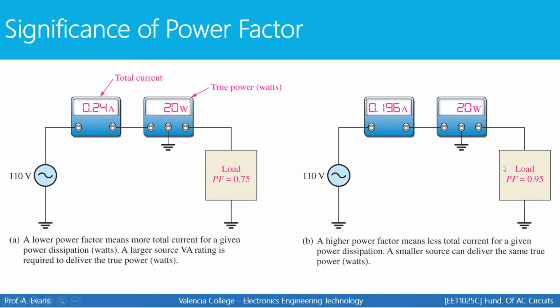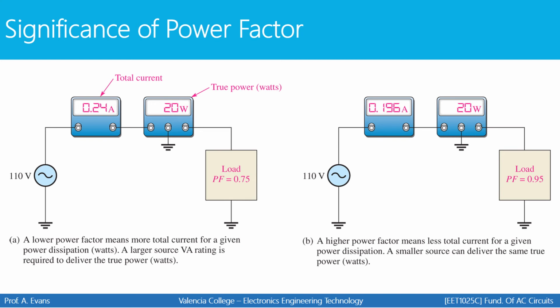When your power factor is higher, so the power factor in the circuit on the right is 0.95, I have less current used to deliver the same 20 watts of true power. So a smaller source can deliver the same true power in watts. A higher power factor means you have less total current for a given power dissipation.